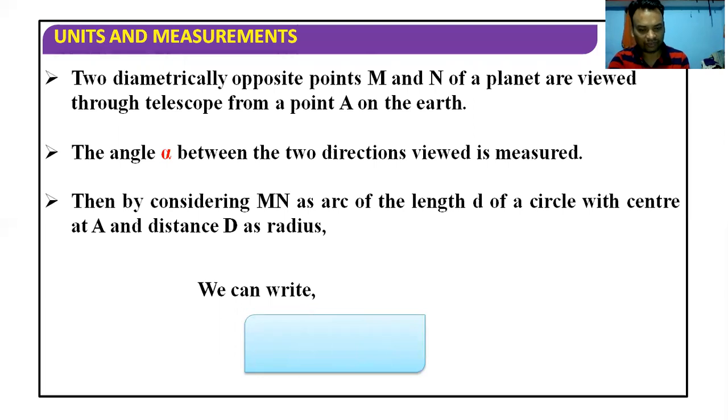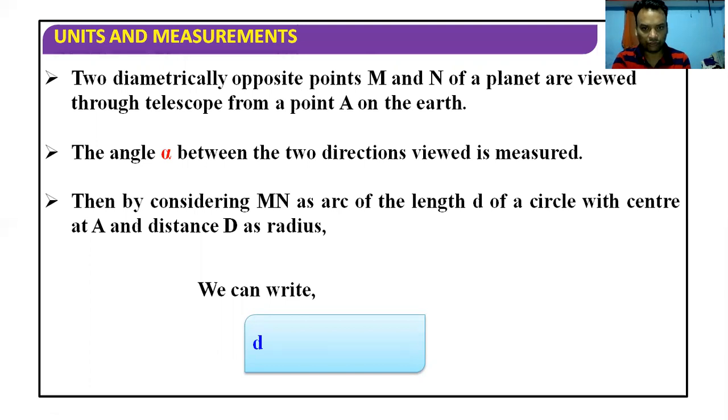Locate the diametrically opposite points on the Moon with the help of your telescope, and we call these two points M and N. M is a diametrically opposite point on the Moon observed by our telescope, and N is the other diametrically opposite point observed in our telescope.